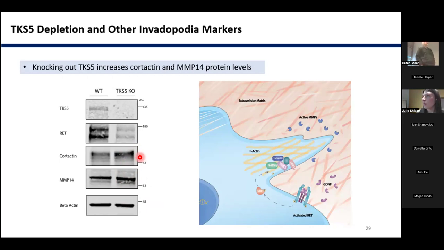At first we thought maybe it has something to do with RET turnover. The protein is, for some reason, not stable. It's not engaged, and stability is sometimes affected by failure to engage. With TKS5 being an adapter protein, you wonder about that.